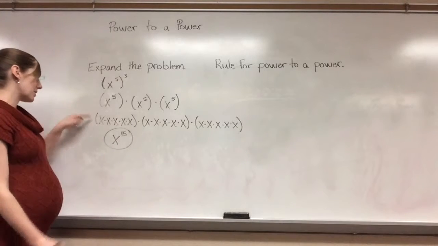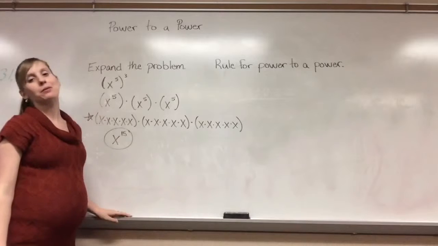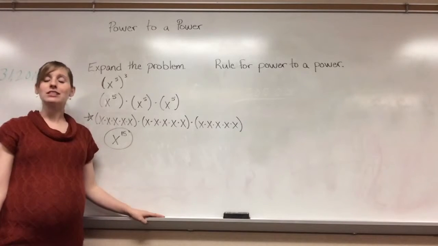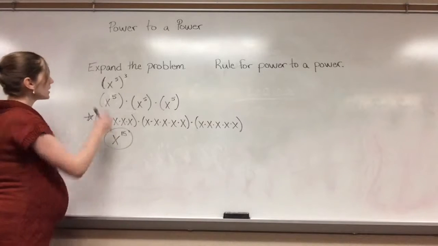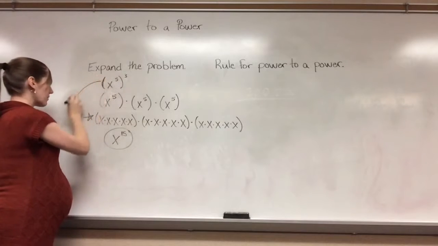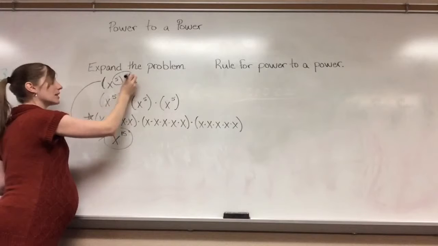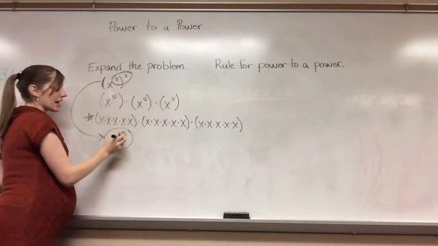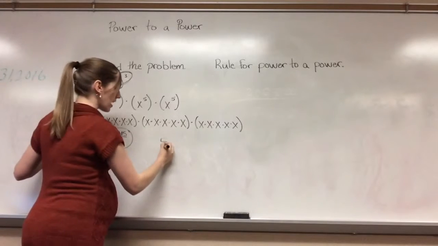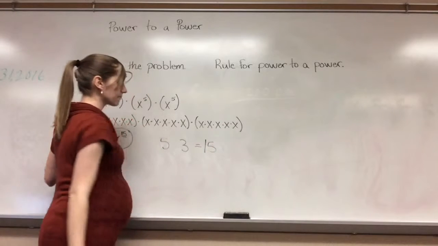Now obviously we don't want to do this every single time we do a power to a power problem. That would take a long time and it's a waste of time. All right, so let's see if we can find a shortcut. So looking here, we have x to the 5th and we're raising it to the 3rd power. Going from here to here, do we see a relationship between these two exponents and the exponent of our answer, 15? Well, I have 5, I have 3, and I want that to equal 15.